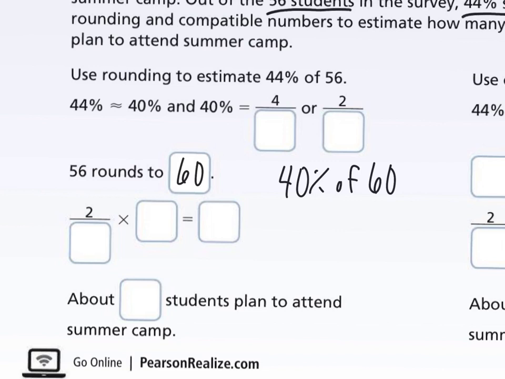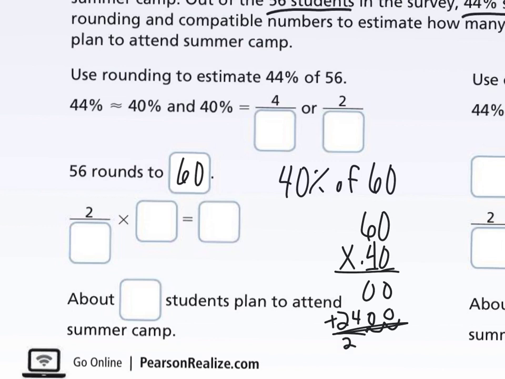These aren't really bad numbers to work with, even if we were just multiplying. If you did multiply, you'd want to change the percent to a decimal. So that would be 4/10 or 40/100 as a decimal. Then, there's really not a whole lot happening there. We would multiply these together first, and then we'd move our decimal 2 spots to the left. And then that'd be equal to 24.